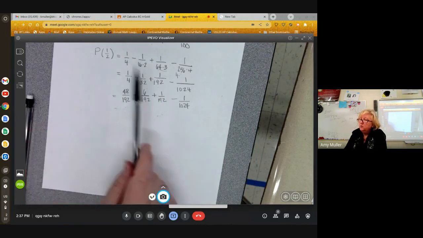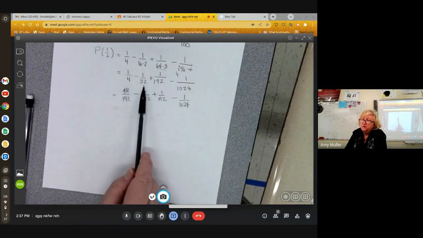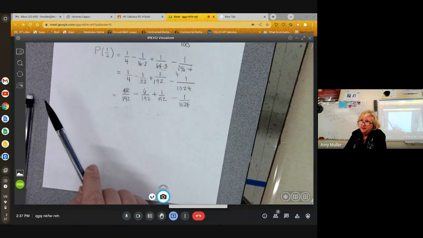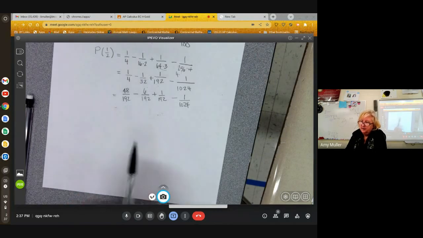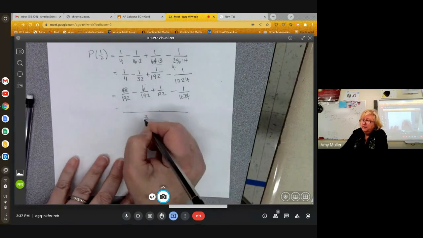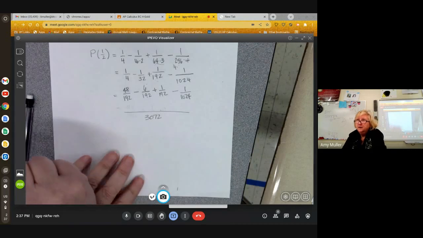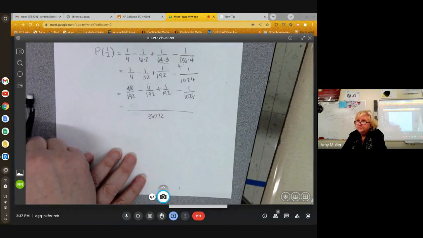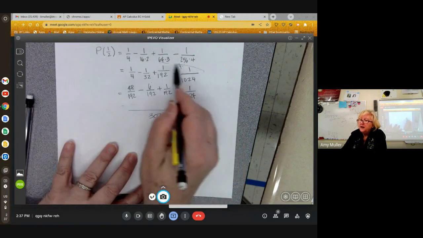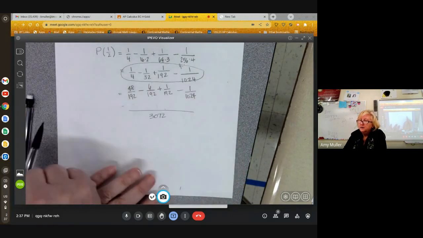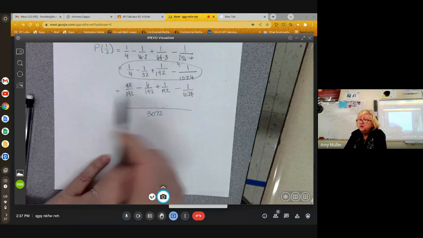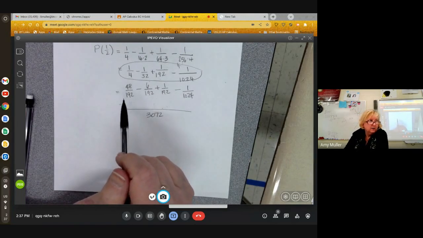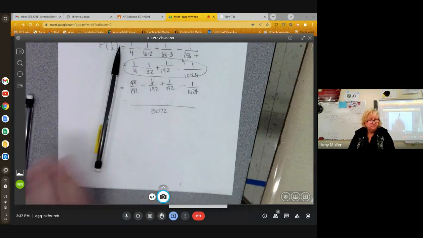So what you should do is go 1/4 minus, if you multiply one, it should be 3072, because 1024 times 3, 192 goes into it. Okay. Add these up with your calculator, or you can leave it like this. You just have to know it's less than 1/100.